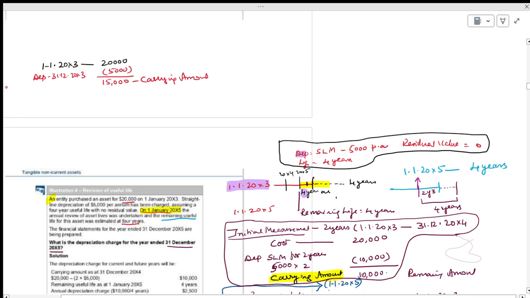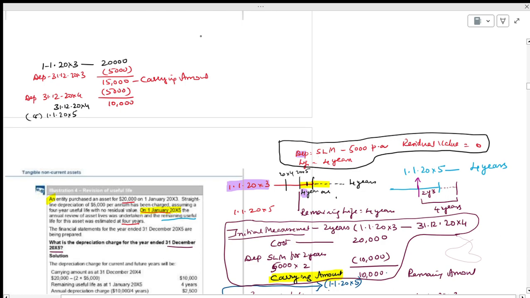Now, depreciation, straight line method. Depreciation for the second year, 2004, is 5,000. So the accumulated depreciation is going to be 10,000. This value is there on 31/12/2004. 31/12/2004 or 1/1/2005 are the same.